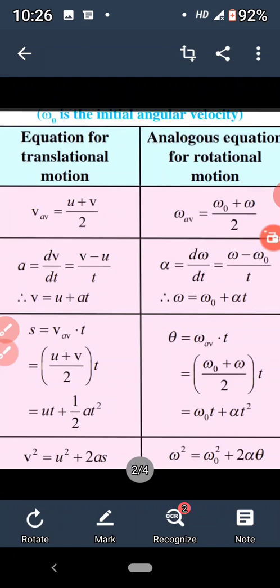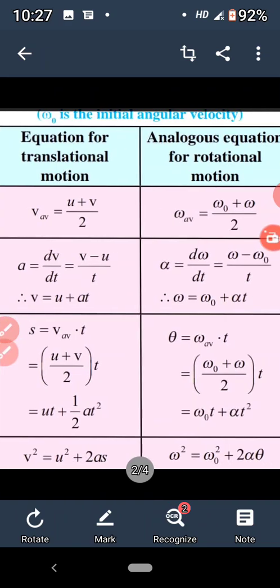After that, let us see the different physical quantities which we have seen in translational motion and in this chapter, rotational motion. Let us compare the different physical quantities and the kinematical equations in translational and in rotational motion.